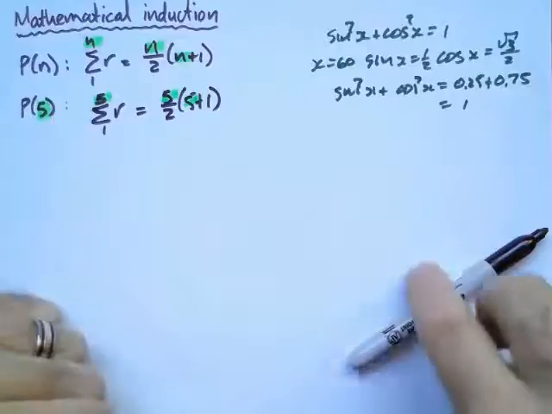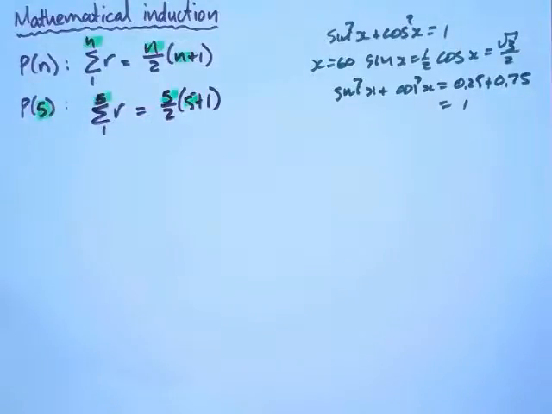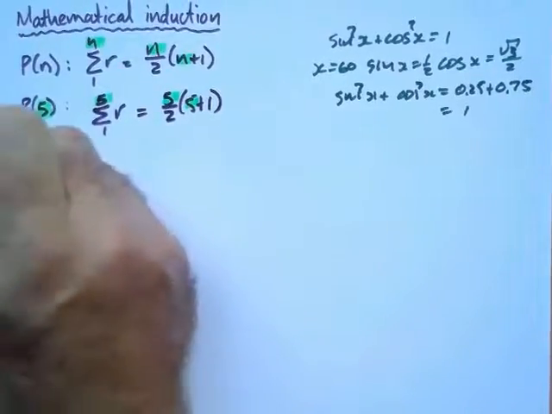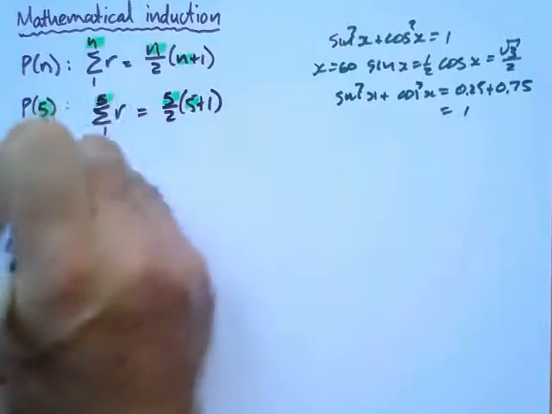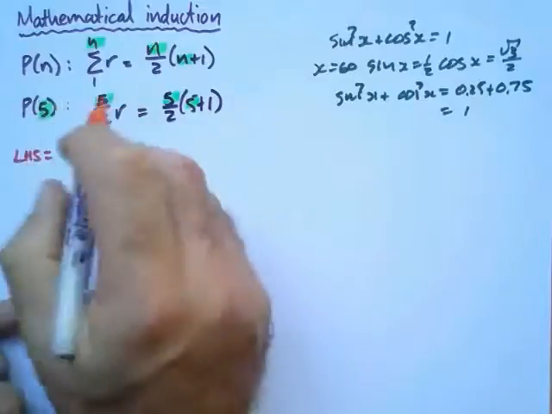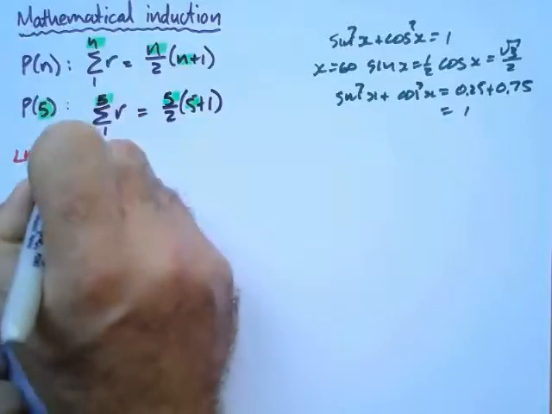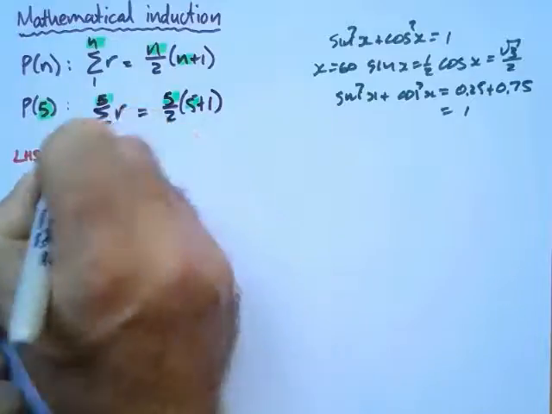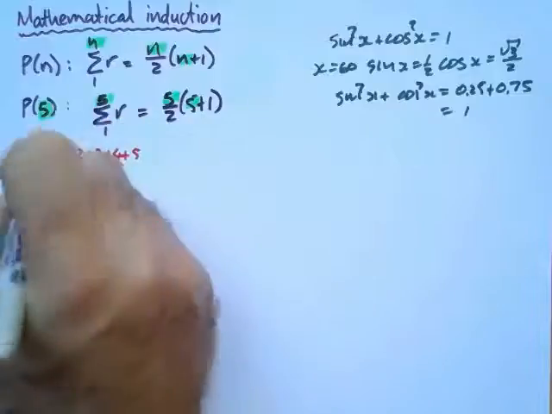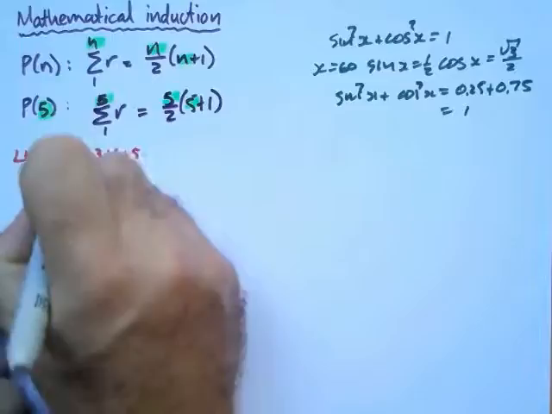I'm going to break it up a little bit differently than some textbooks. I'm going to work with the left-hand side and the right-hand side. In my left-hand side, I'm going to calculate what this is. Remember, if I have the sum of r, it means it is from 1 to 5. So it's 1 plus 2 plus 3 plus 4 plus 5, and that equals a total of 15.